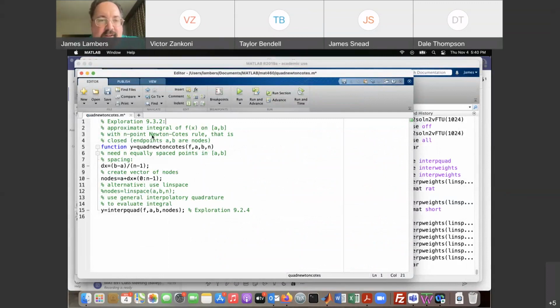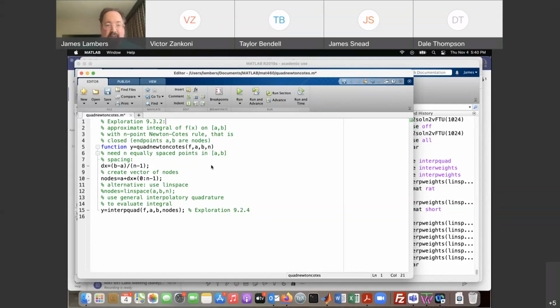Now, here I specify that the rule is closed. So the endpoints A and B have to be included among the nodes. So what I need to do now is get a vector consisting of all of the quadrature nodes. And it's just going to be equally spaced points on the interval AB.